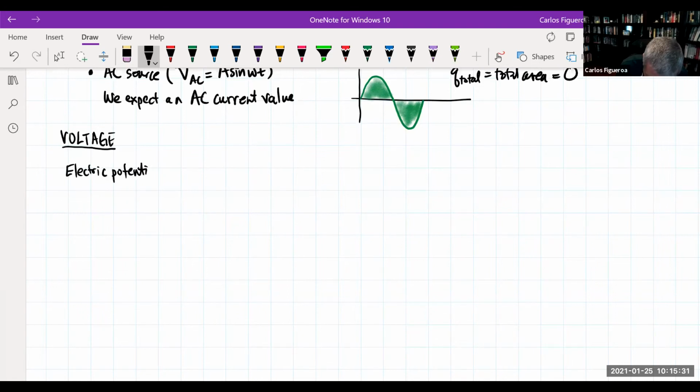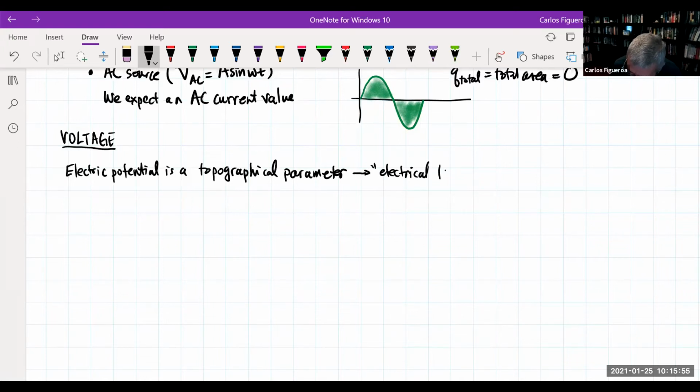And the electric potential is a topographical parameter. What I mean by topographical parameter is really what I call the electrical landscape set up by the source charges.